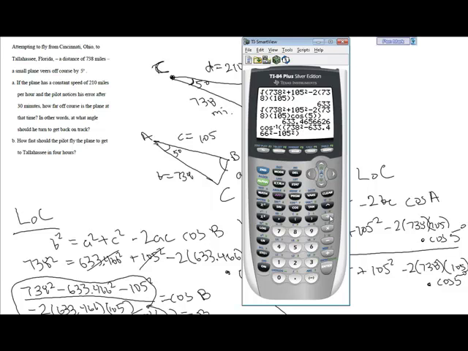Close the parenthesis for the numerator, divided by, I'm going to open a new parenthesis, negative 2 times 633.466 times 105. Even though I used parentheses in the written portion, I don't want to have too many parentheses so I don't lose track of how many I have open and how many I need to close. So that wraps up the denominator. Now I'll close the parenthesis on the inverse cosine, and I get that B is 174.18.